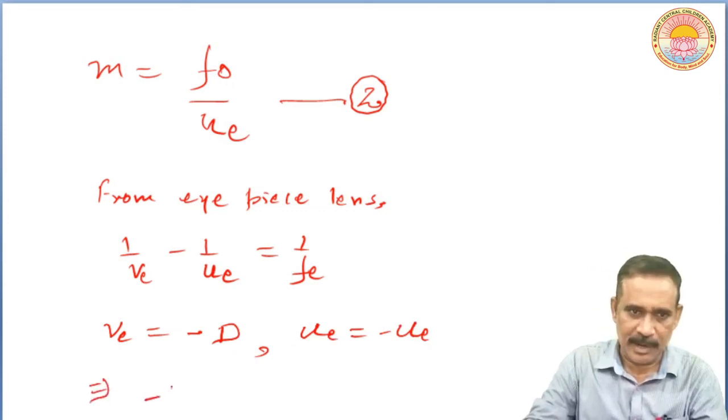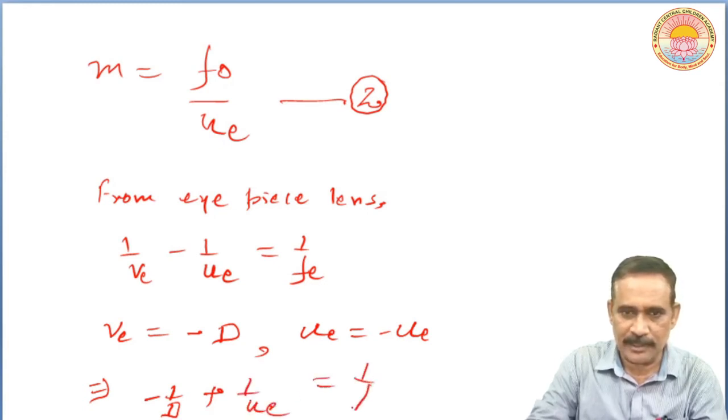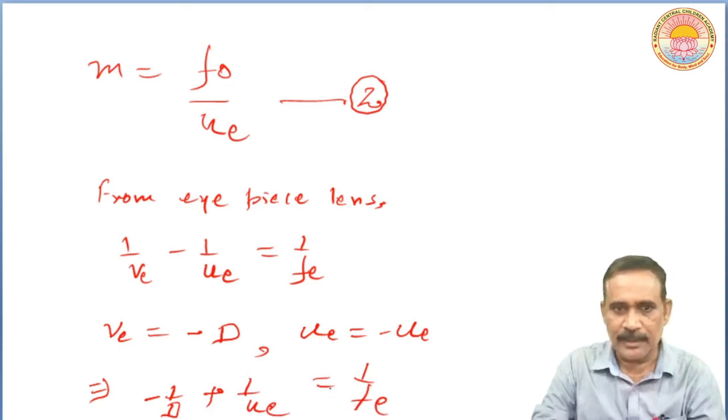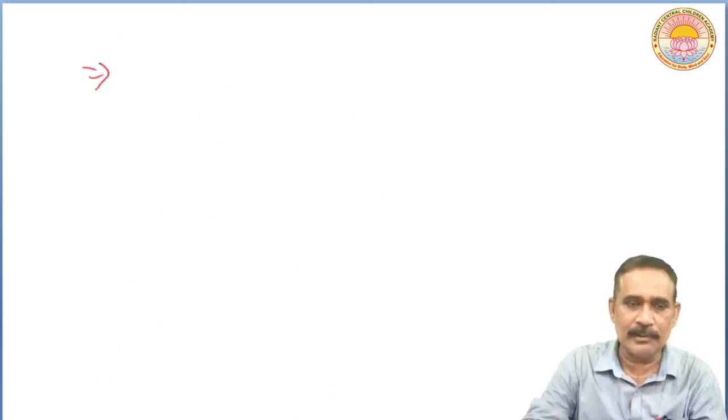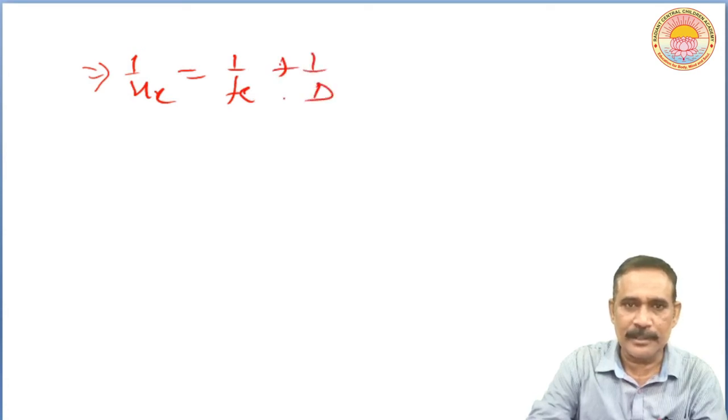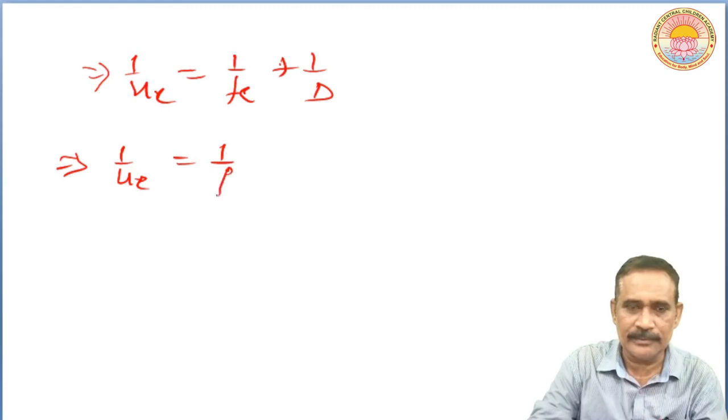So this is minus 1 by D, minus and minus UE, so it becomes plus 1 by UE, equal to 1 by FE. Now 1 upon UE equal to 1 by FE plus 1 upon D. Taking 1 upon FE common, 1 upon UE equal to 1 by FE in bracket 1 plus FE by D.